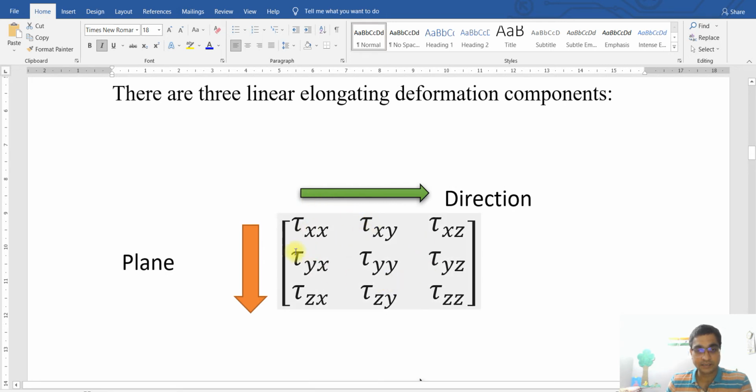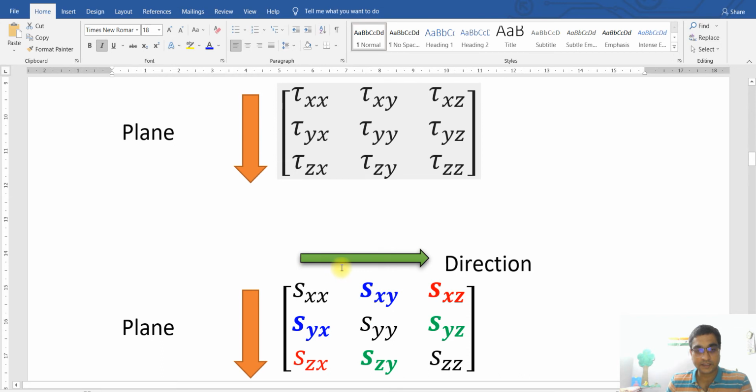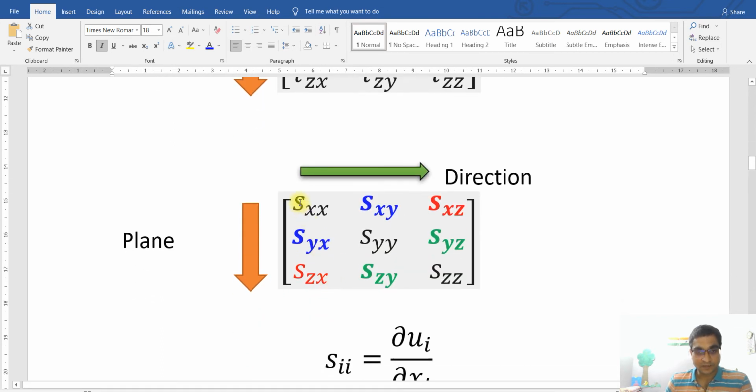As you can see, this is the stress component, all the 9 stress components, and the corresponding strain components are these: Sxx, Sxy, Sxz, Syx, Syy, Syz, Szx, Szy and Szz.